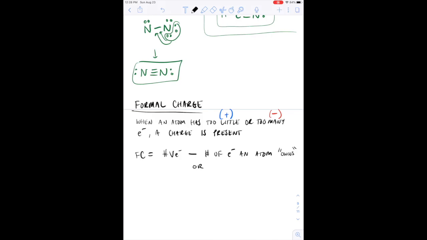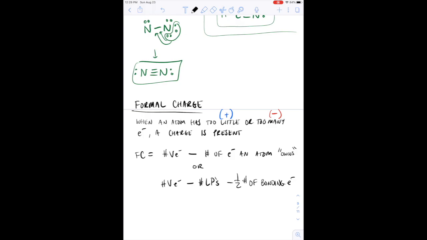Or we can simplify this, in my opinion, to the number of valence electrons minus the number of LPs, lone pairs, minus half the number of bonding electrons. And so the lone pairs and bonding electrons correspond to basically the number of electrons an atom owns. So this is the same formula, it's just breaking it down a little bit more.